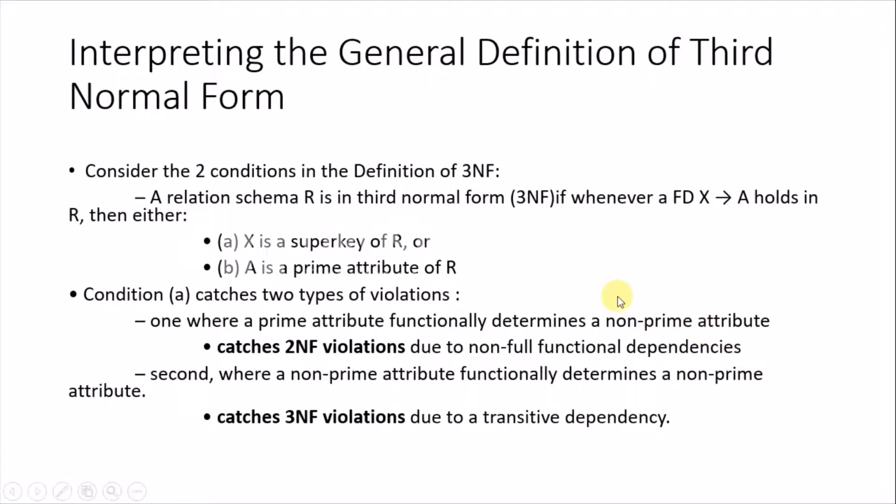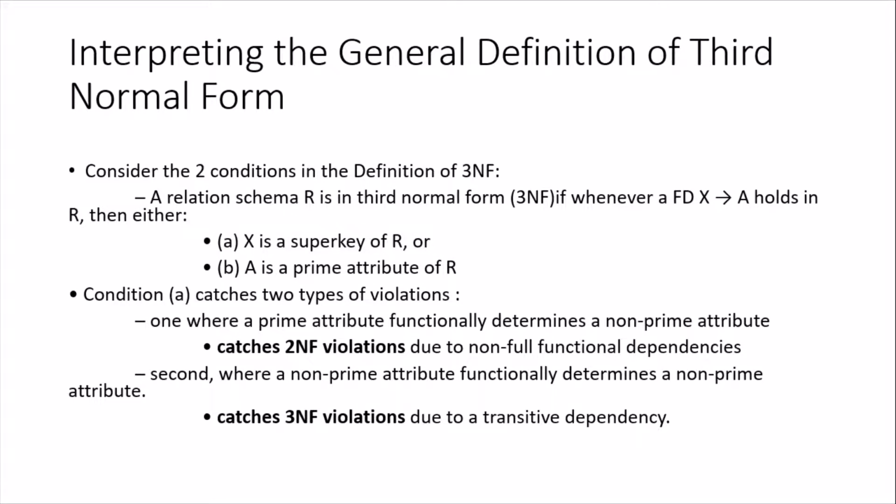A full functional dependency is where all the attributes in the primary key functionally determine the other attributes. A non-full functional dependency, I mean a partial dependency, is actually a 2NF violation.